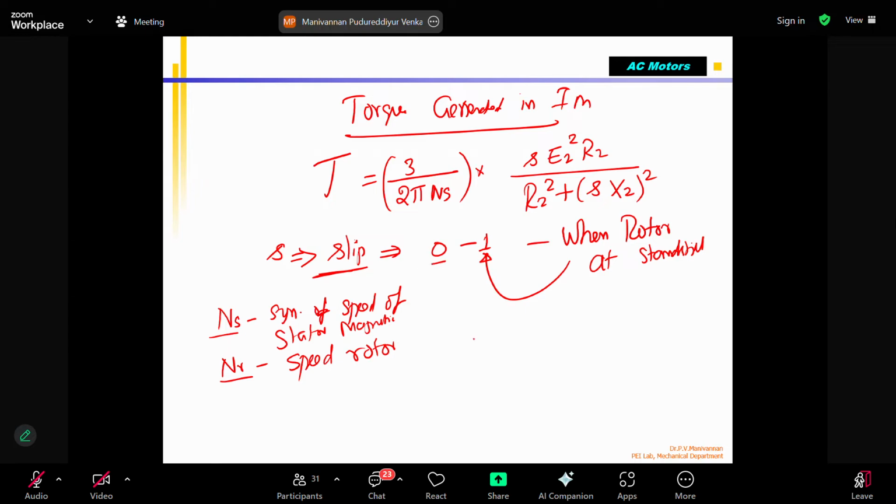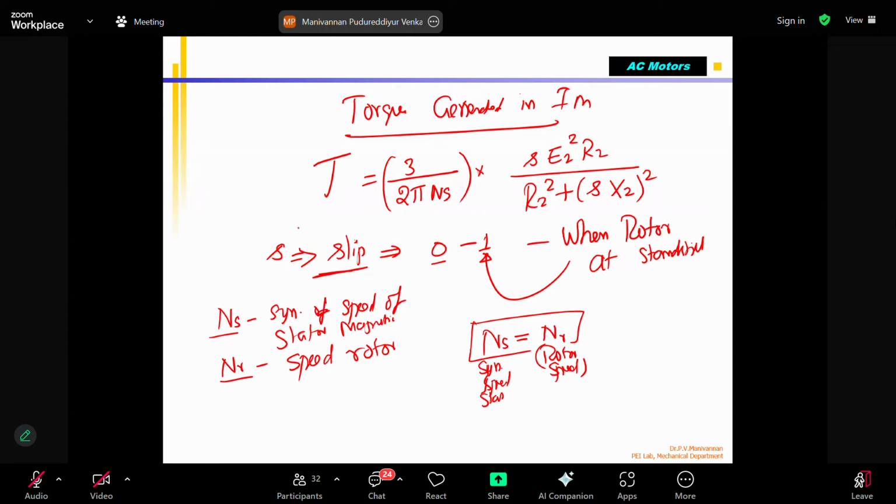When slip is 0, that means ns is equal to nr. This is the rotor speed, the rotor which is mechanically rotating, and this is the synchronous speed of the stator magnetic field. Both will never reach each other, except if you say there is no friction and all these things, but it never happens. The slip will be there. Because of that, the rotor speed is always lesser than the synchronous speed.